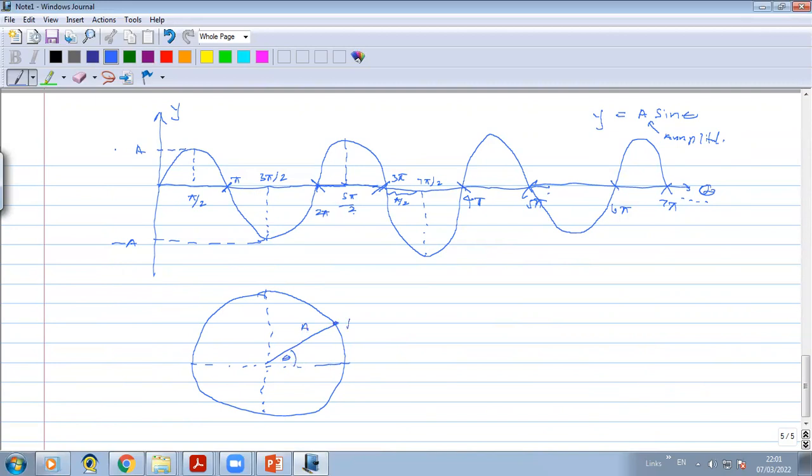So this is the point, and this will be y. So we plot y with respect to theta. Say that when this P is traveling from here to here, you can see that this theta is changing. So this P travels along this circle.